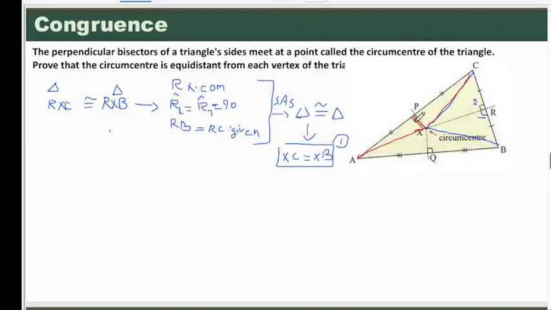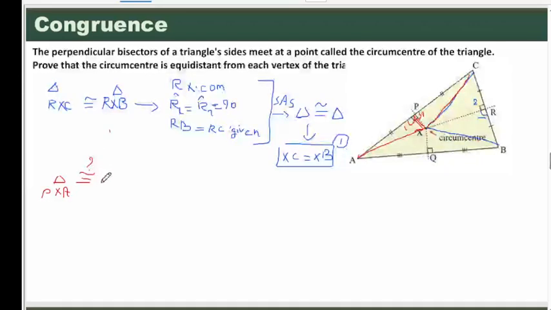Here I say P1 and P2 are equal, 90 degrees. So first of all, let me write triangle PXA. I am going to prove it's congruent.